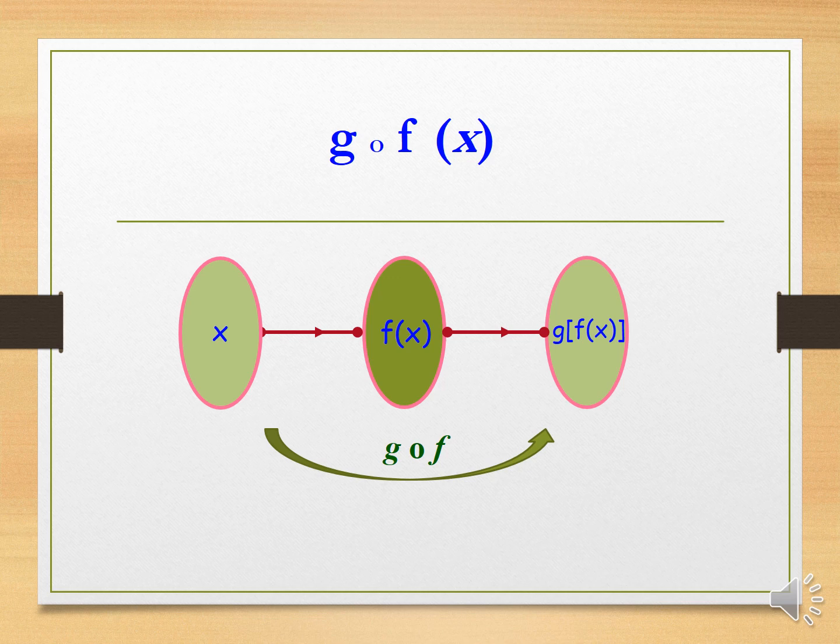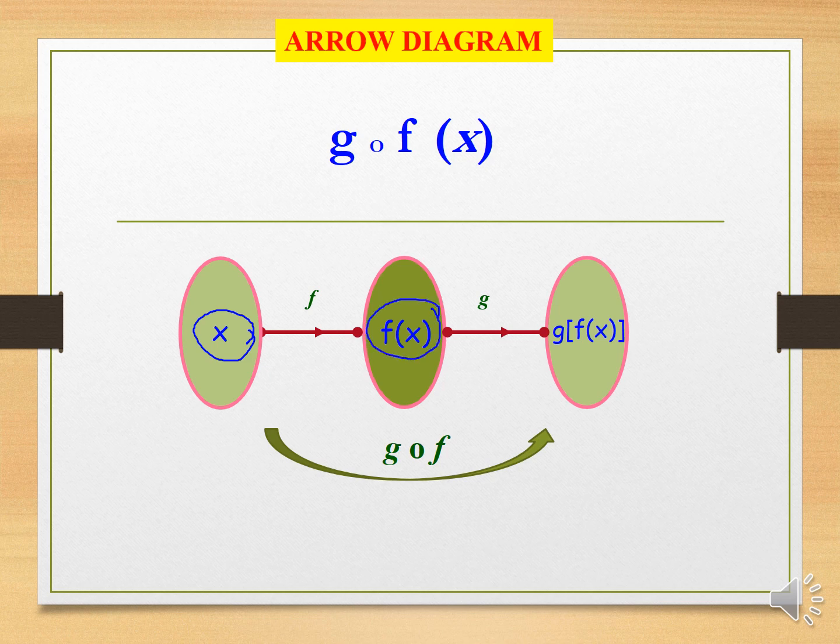Similarly, if we represent (g ∘ f)(x) by using an arrow diagram, x is the domain of function f, and the range is f(x). Now, if we have another function g with input f(x), therefore, the output or the range of function g is g(f(x)).